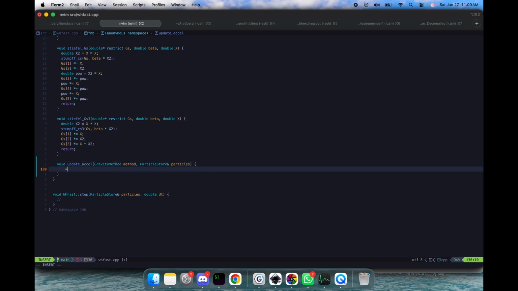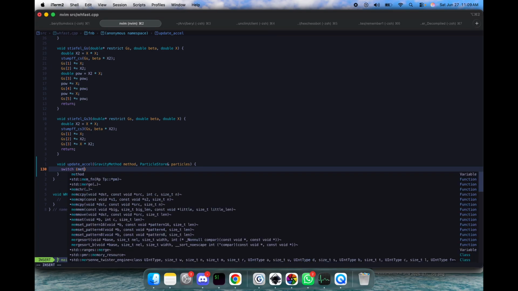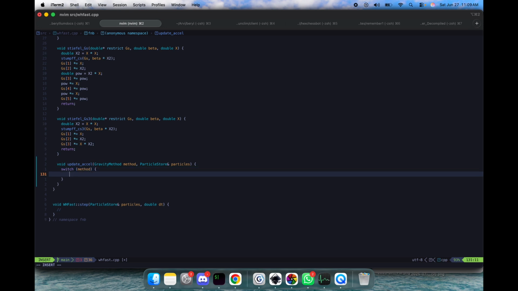All right. This is going to be easy. This is probably just going to be a switch. So, switch method. That would be gravity method colon basic.